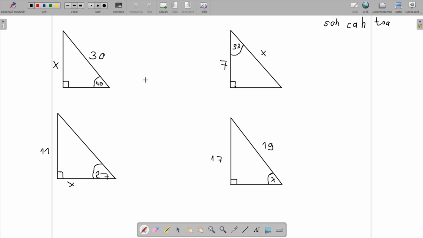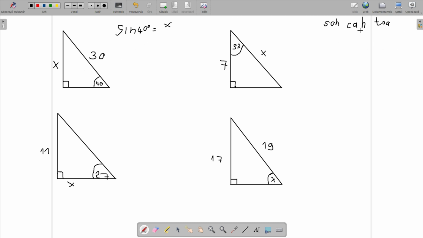Now right here x is the thing that we are trying to figure out. We are looking for the function with the opposite side and the hypotenuse, which is going to be sine. Sine of 40, you can just type sine of 40 and you will get a value right away, is equal to x, because that is the opposite side of this 40 degrees.